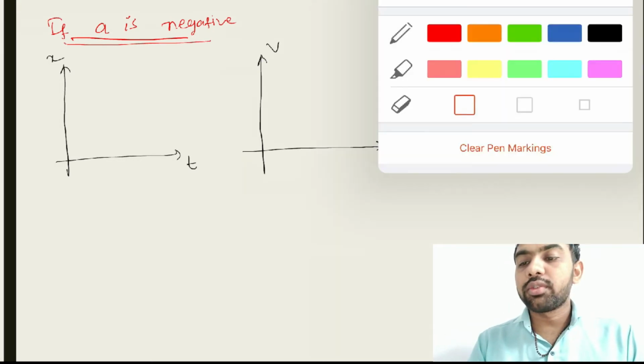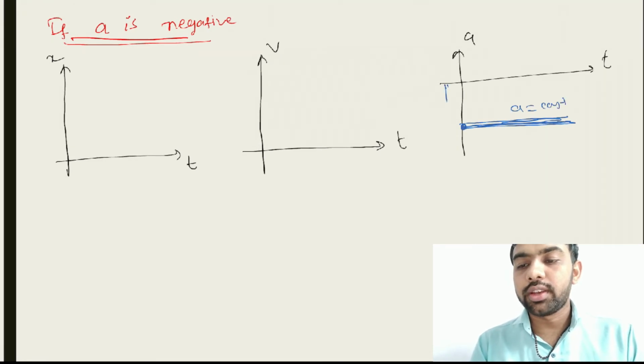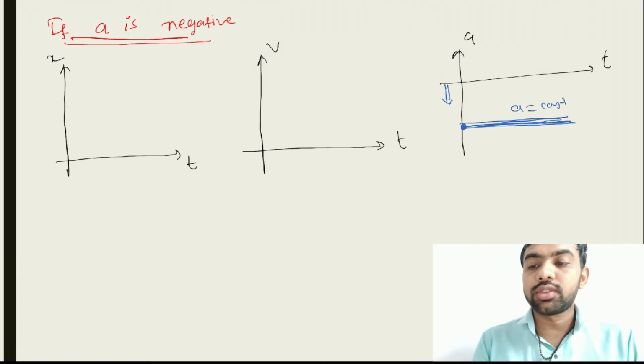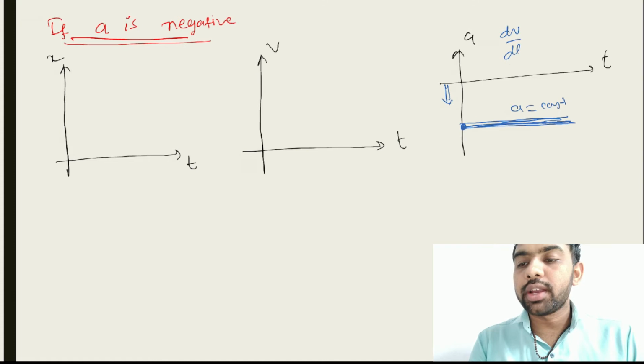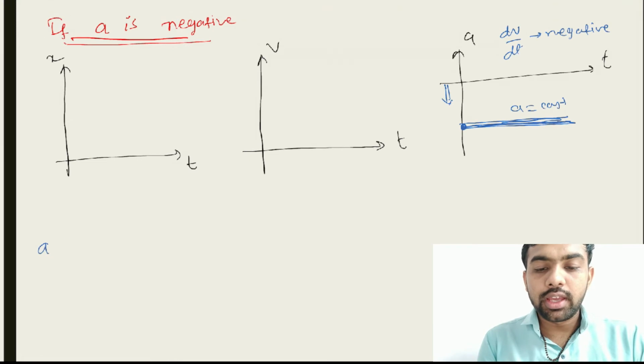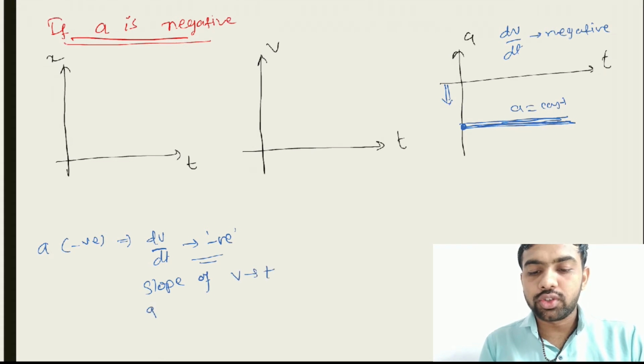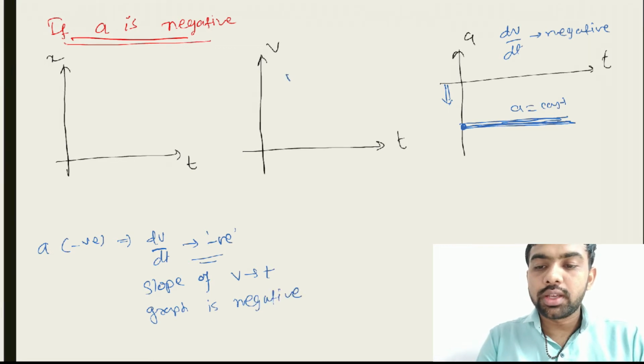Suppose a is constant but negative, on the negative side. a is negative means dv by dt is negative, which means the slope of the v versus t graph is negative. मतलब कि ऐसा कुछ ग्राफ होगा.